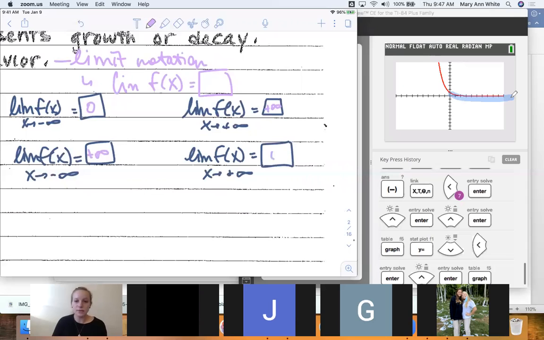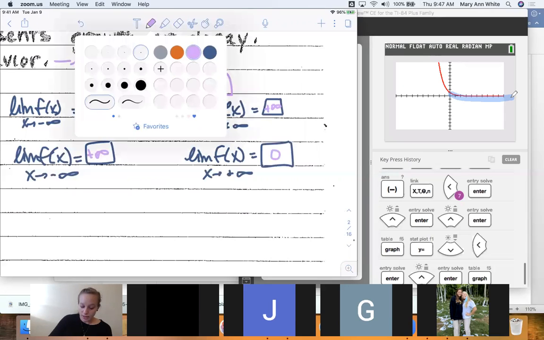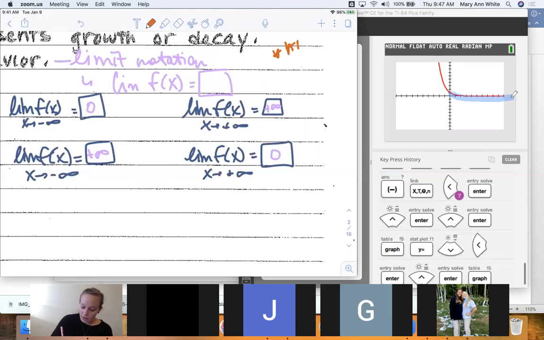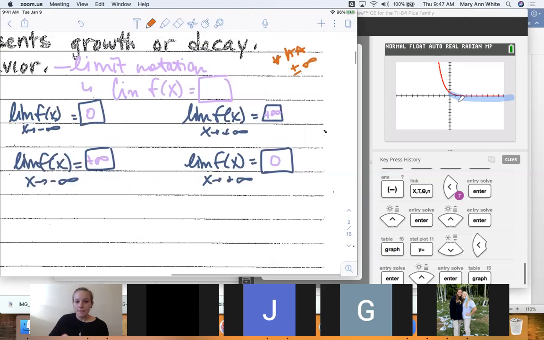So I'm approaching 0. Hint, all of these will approach 0 or they'll approach one of the infinities. If the asymptote is not at 0, then it approaches that asymptote, but you can even think of this as approaching a horizontal asymptote and one of the infinities. It just depends on which direction we're going in.